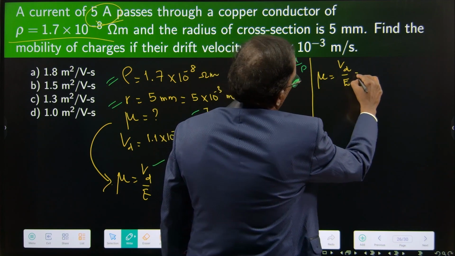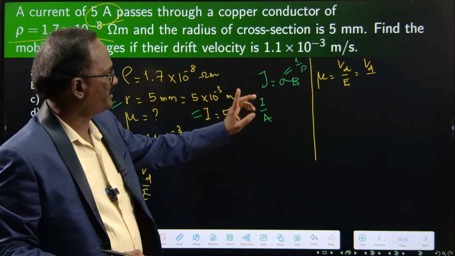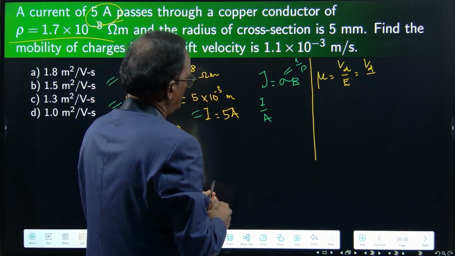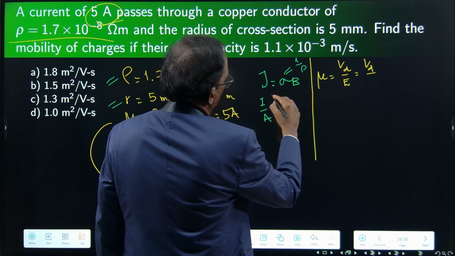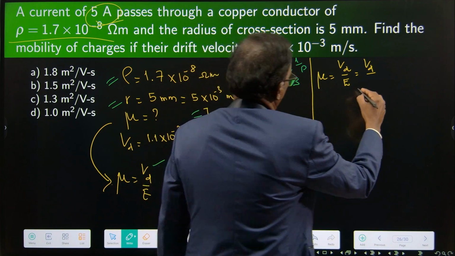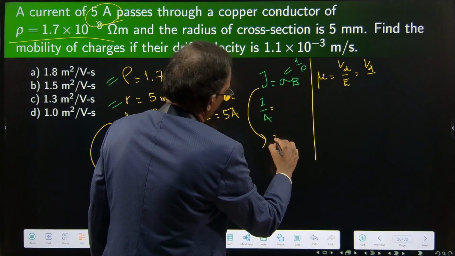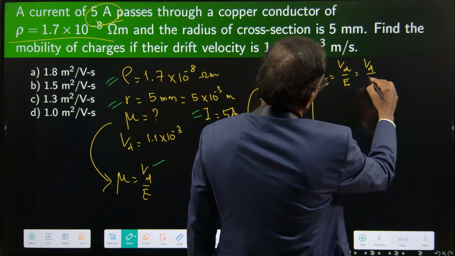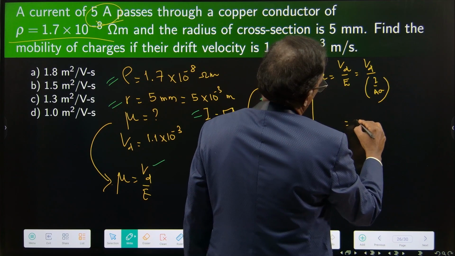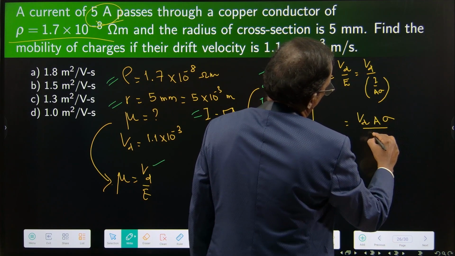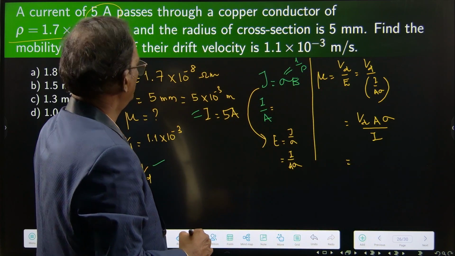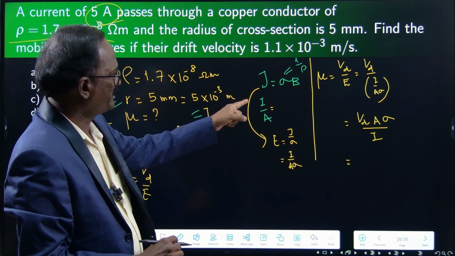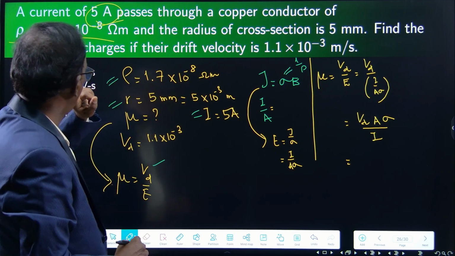So mu is equal to Vd by E. E is equal to J by sigma, where J is equal to I by A. Otherwise we can do it separately. Mu is equal to Vd by E. E is equal to J by sigma. Here sigma is not given, resistivity is given.